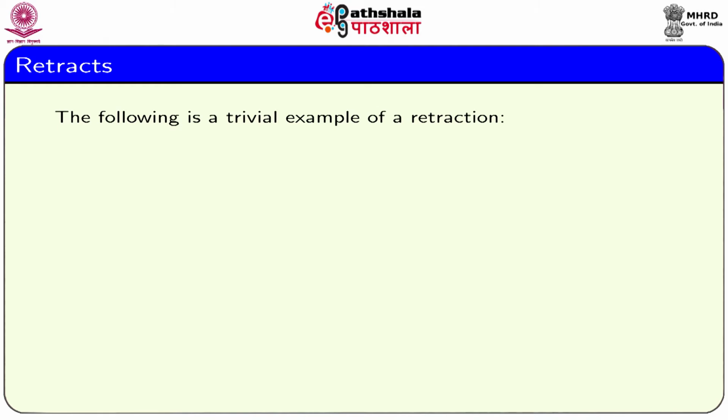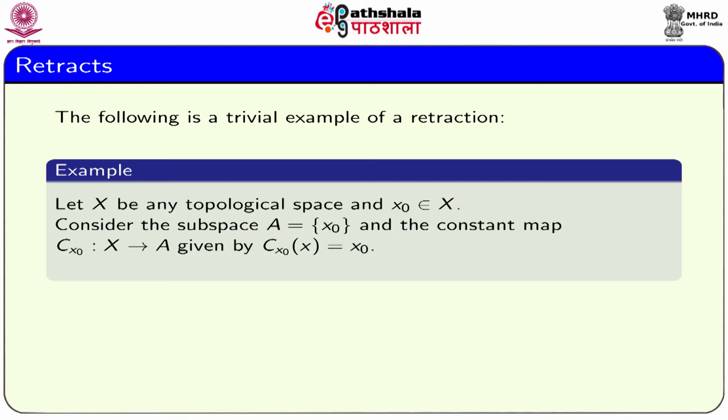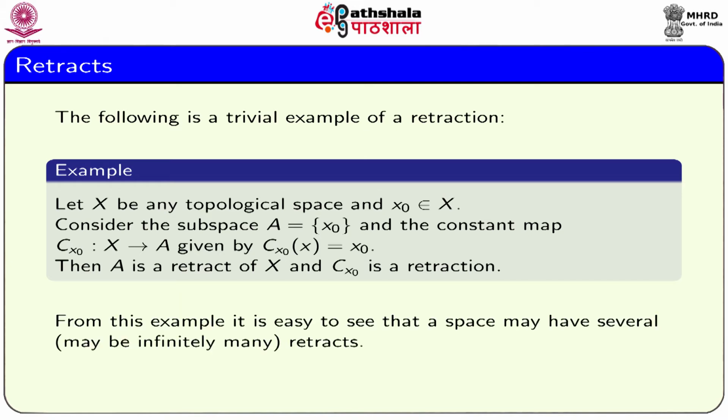Now, the following is a trivial example of a retraction. If we take a topological space X, pick a point x0 from X, consider the subspace A as the one-point set {x0}, and consider a constant map C_x0 which maps the topological space X to the space A, then C_x0 is a retraction, and in that case A becomes a retract of X. From this example, it is easy to see that a space may have several, maybe infinitely many retracts.